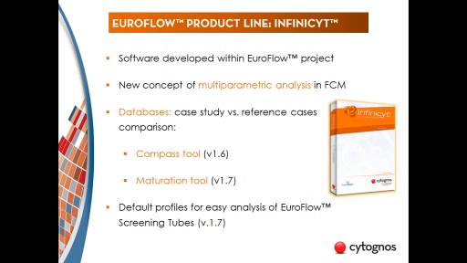We include, and this is really important within the Infinicyt software, EuroFlow profiles, so all the templates required for the analysis of the 4 screening tubes are included within Infinicyt. So if you are using our screening tubes and Infinicyt at the same time, you have all profiles, all templates with all diagrams, strategy approaches, everything set up. You just need to load the file and start with the analysis. You don't need to configure anything because everything is included within Infinicyt.